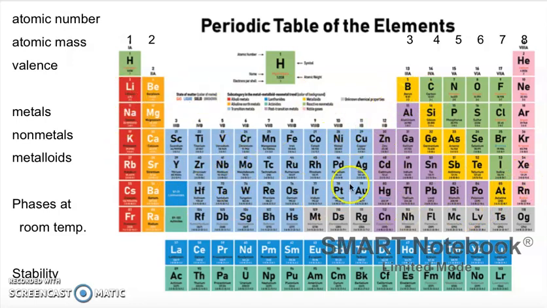You can see most everything on the periodic table is a metal. All the red, all the yellow, all the orange, all these blue, all these purples are metals. Now, these that are in yellow are considered metalloids. Metalloids have the characteristics of metal, but they also have characteristics of nonmetals. They're kind of stuck in between metal and nonmetal, you might say.